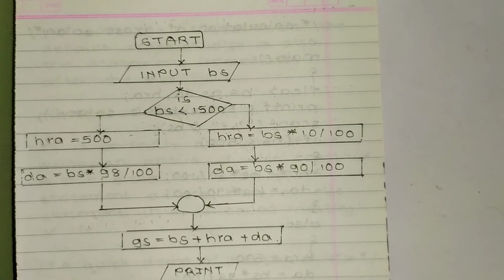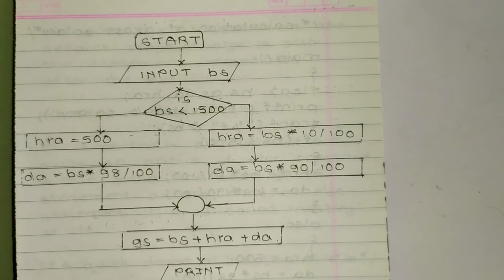If it is less than 1500, then on the right hand side we have a block in which HRA is equal to BS, that is basic salary, into 10 divided by 100, and then the arrow points towards DA is equal to BS into 90 divided by 100, which is 90% of basic salary.